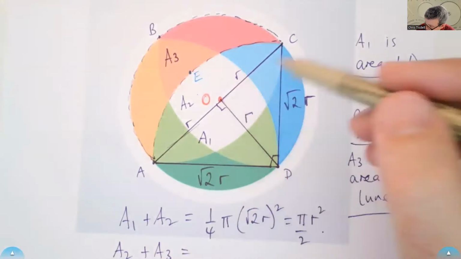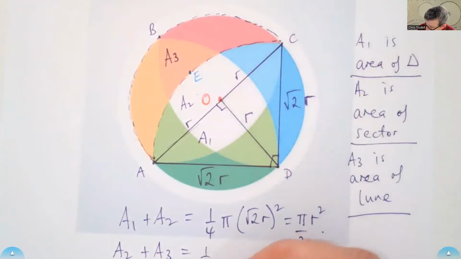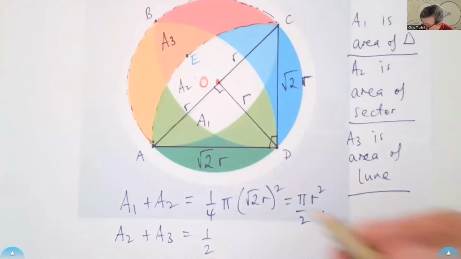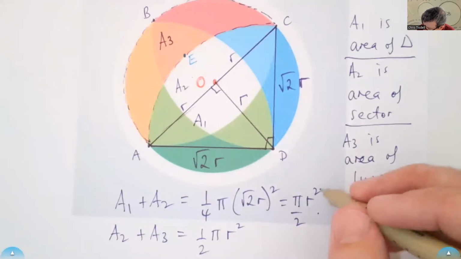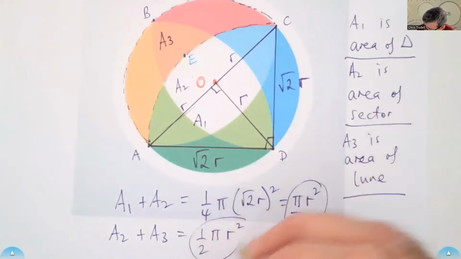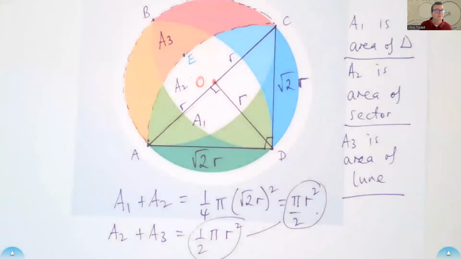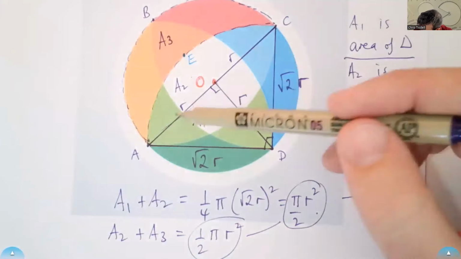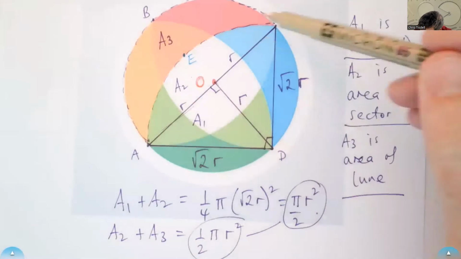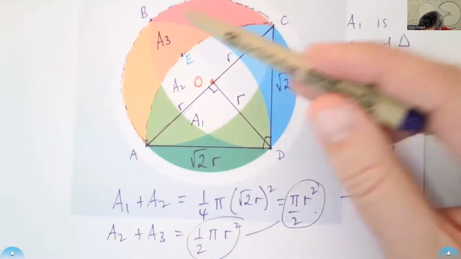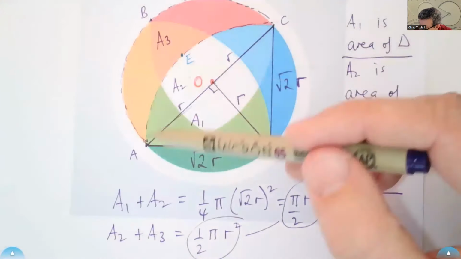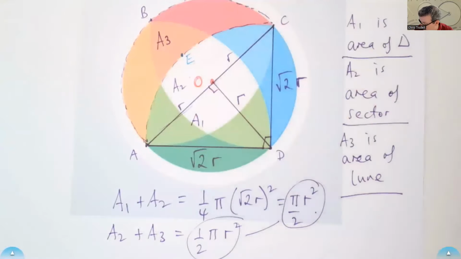It's going to be a half times pi r squared. Now, if you look closely, this and this are exactly the same. Okay, so what does that tell us? Well, this area and this area are the same, and they overlap along this sector.